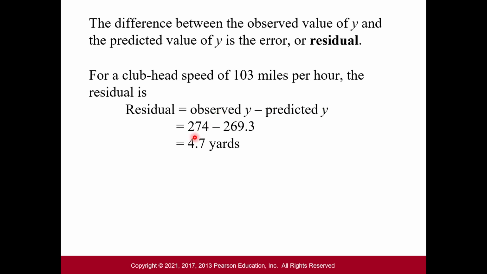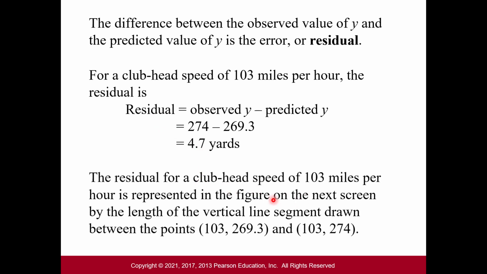The observed value comes from your data table. The predicted value comes from plugging into the equation that you just came up with. So real quick, again, you plug 103 into your equation, and that's where 269.3 came from. And so the residual or error is 4.7 yards.